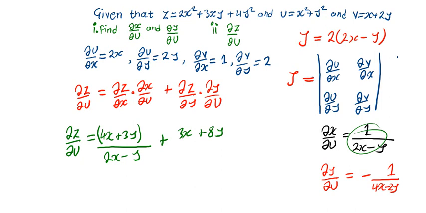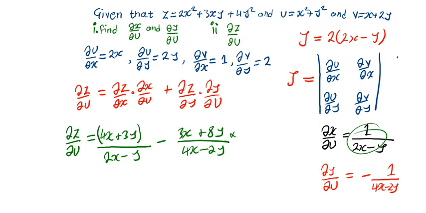Then this will be multiplied by what you have here, and one thing that stands out is that this is just going to be a negative, so we can make this a negative, then divide by 4x minus 2y.